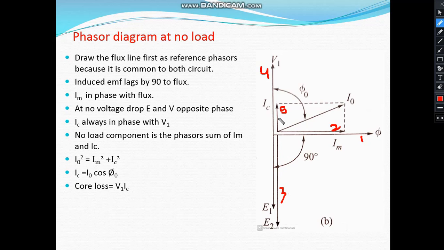Now, as we discussed in the previous slide, the phasor sum of the core loss component IC and the magnetizing component Im gives the no load current.